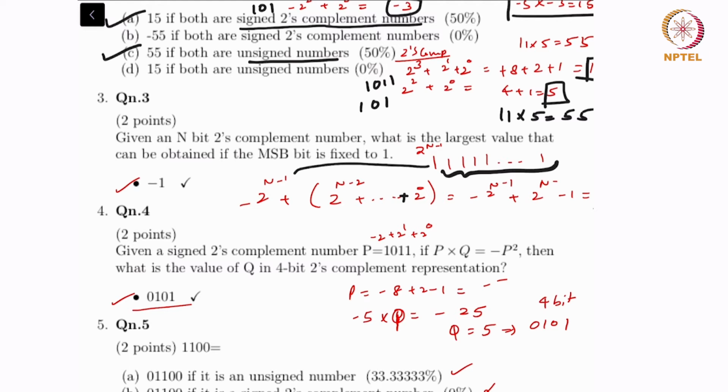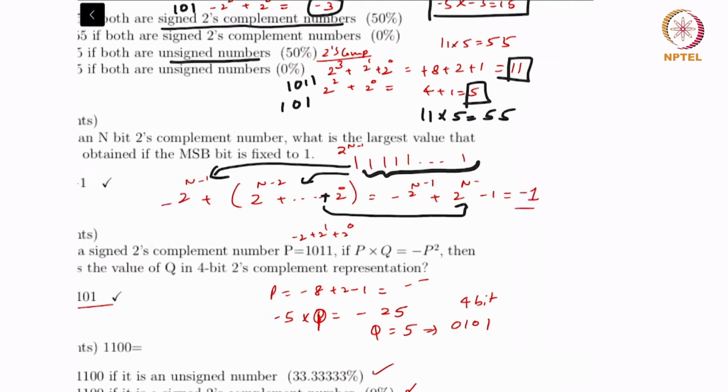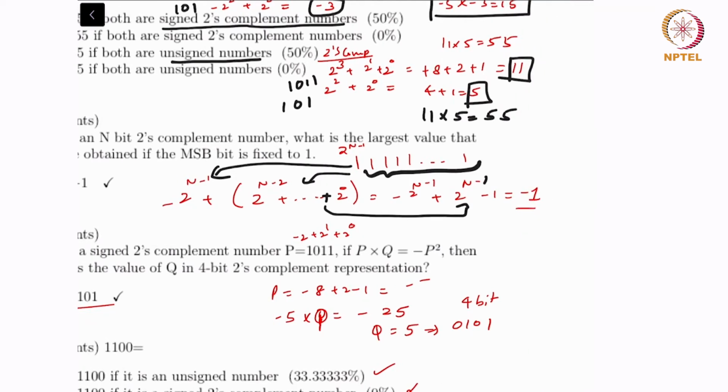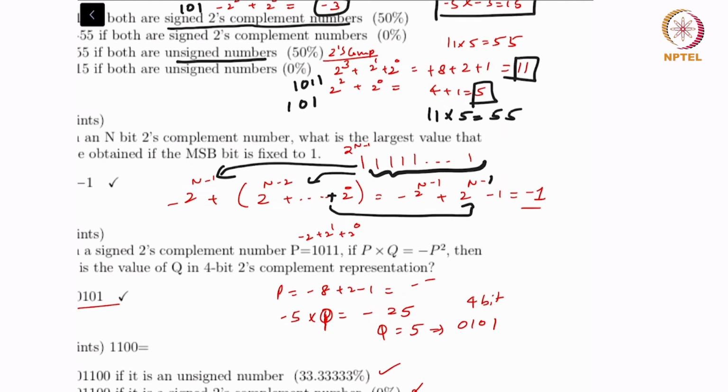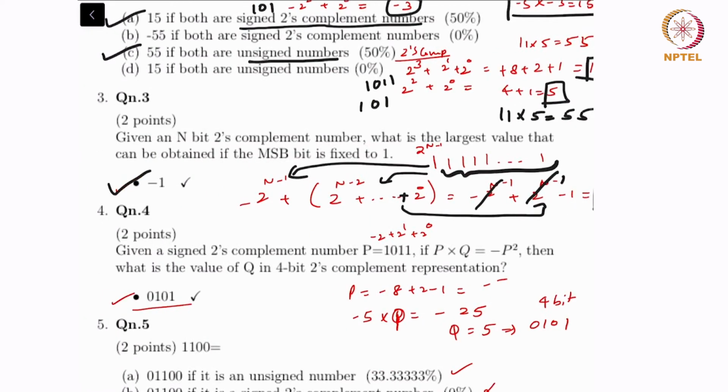Corresponding to this, when you calculate it in decimal, it is minus 2 power n minus 1, and all of this put together is just this. When you calculate what the summation results to, it is 2 power n minus 1 minus 1. So 2 power n minus 1 and minus 2 power n minus 1 cancel out here, giving you an answer of minus 1. And hence the answer minus 1 is correct.